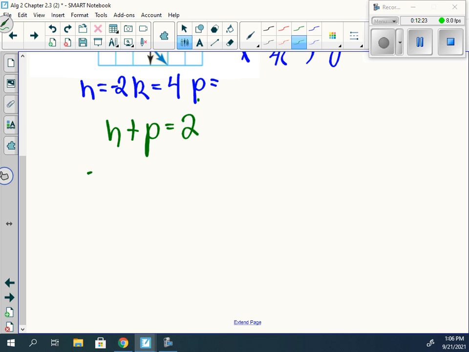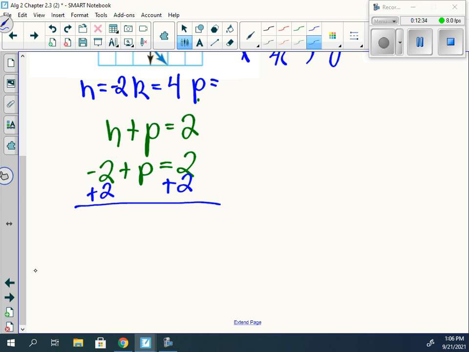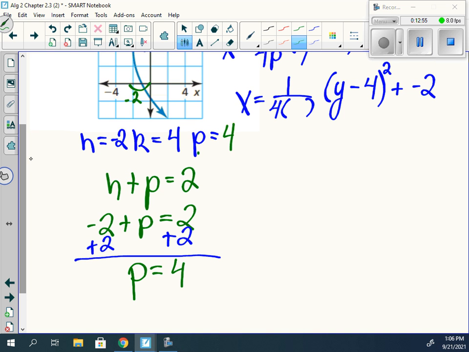Is the value of h is negative 2 plus p is equal to 2. So to get p by itself, we would add 2 to both sides, which exactly would tell me p is 4. Any questions on any of this here so far? So any questions on how we found h, k, or p?